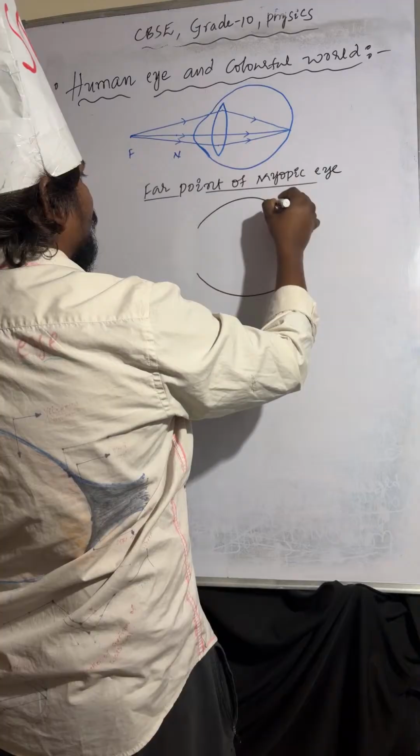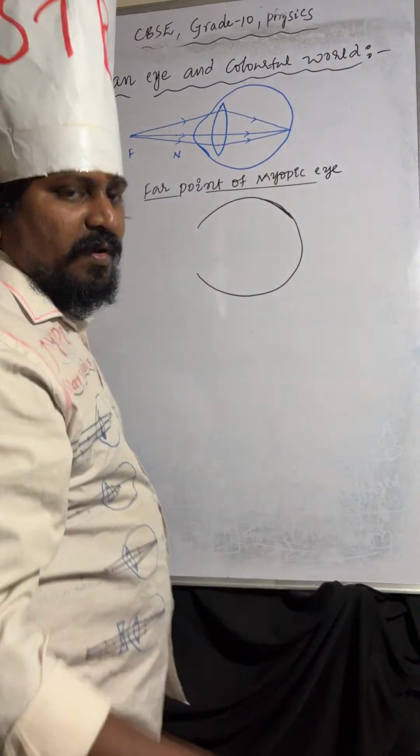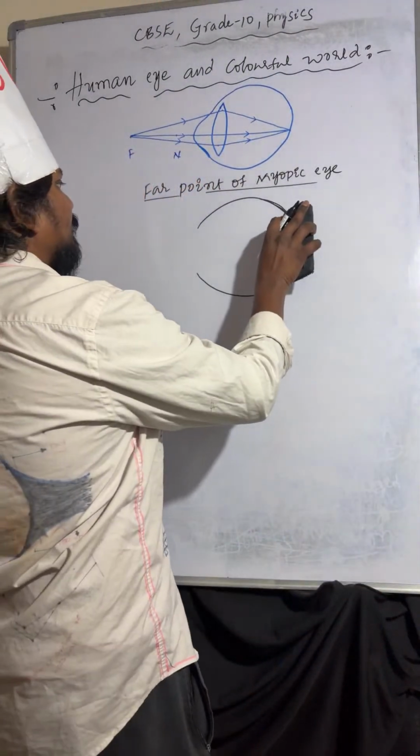This diagram shows the far point of the myopic eye. Now I am drawing the myopic eye. Just check once.